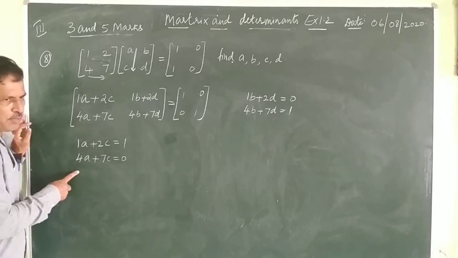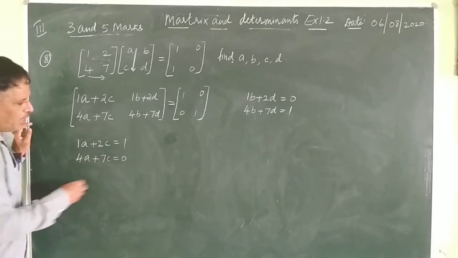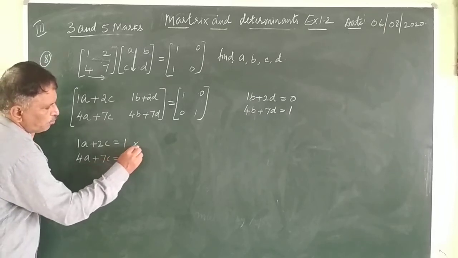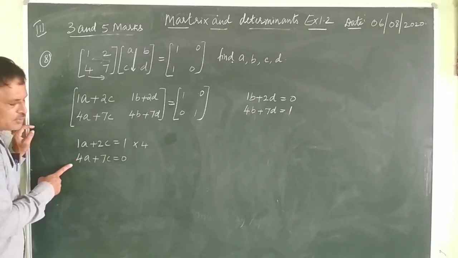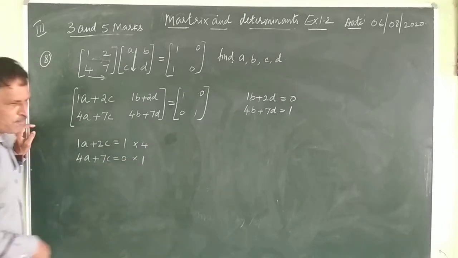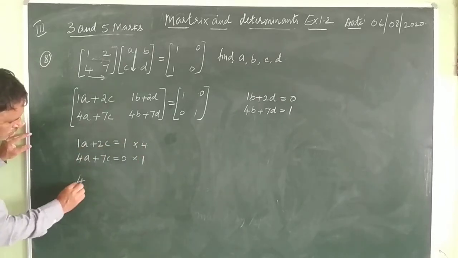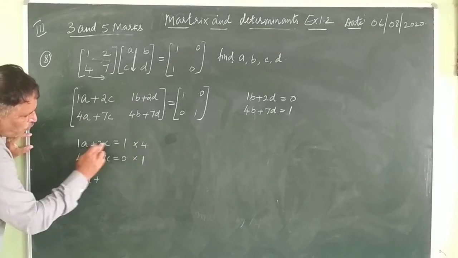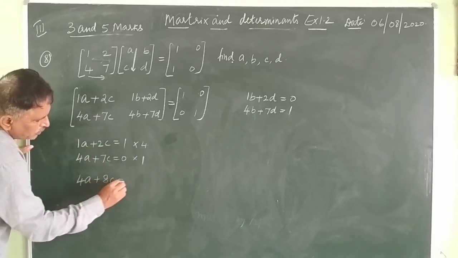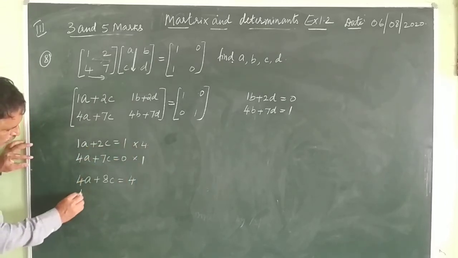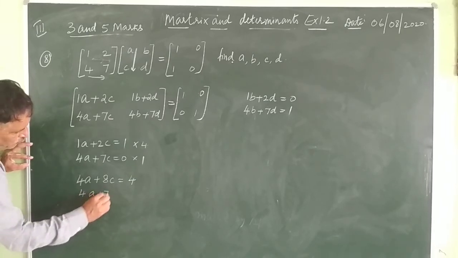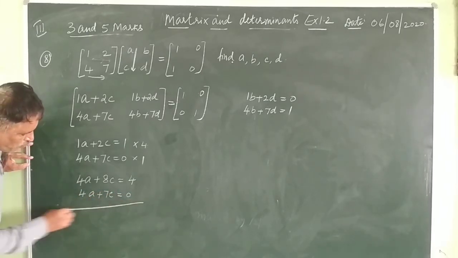So I will try to eliminate A. To eliminate A, the first equation should be multiplied by 4, the coefficient of the second, and the second by 1. So 4A plus 8C is equal to 4, and 4A plus 7C is equal to 0. I will subtract.